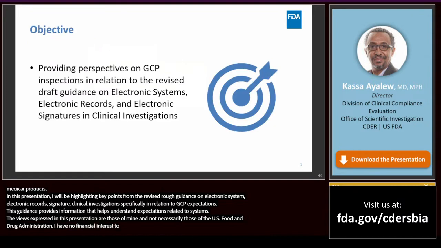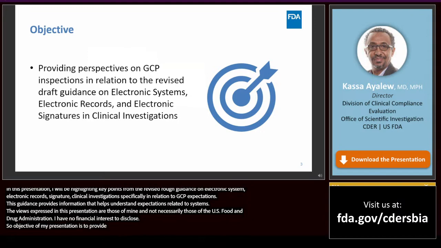The objective of my presentation is to provide you perspective on GCP inspection related to the revised draft guidance on electronic systems, electronic records, and electronic signatures in clinical investigations.